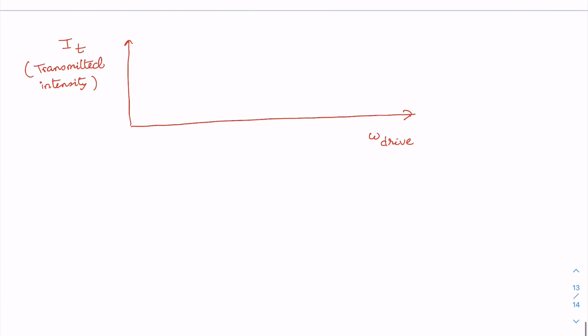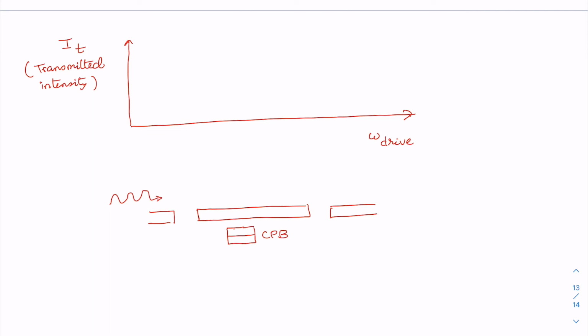Let me just again explain what I am telling you. You remember, essentially the scheme of the experiment is like this. We have this transmission line resonator, and this transmission line resonator is getting coupled to a Cooper pair box placed somewhere here, say, and a weak oscillating microwave drive is incident on the transmission line resonator.